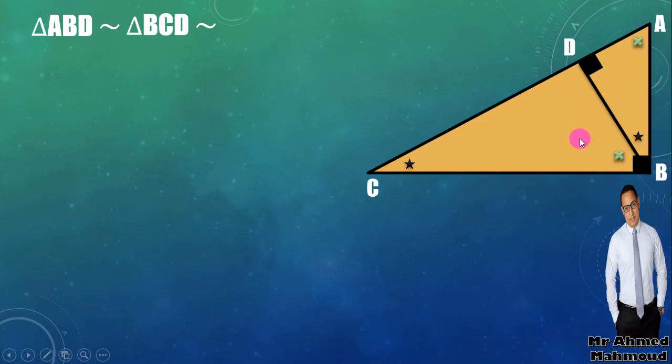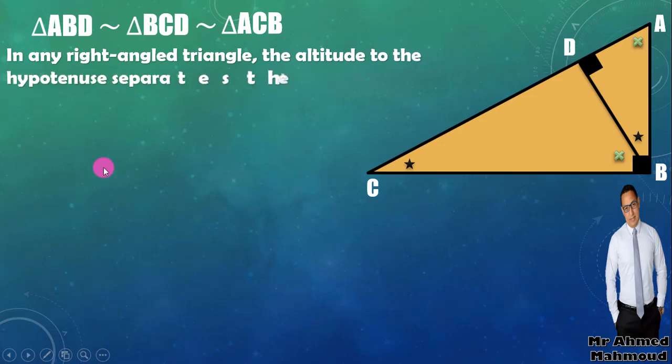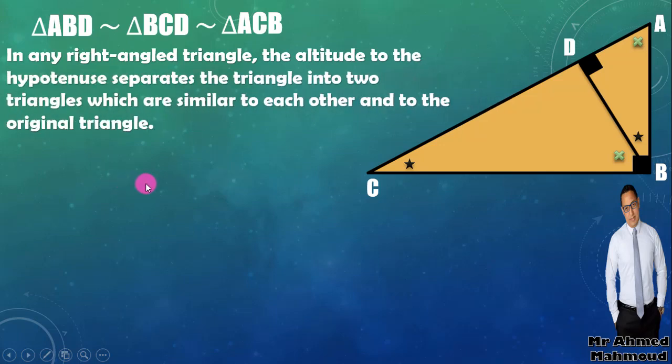Also, I will use the same sequence, X star right, ACB. So ABD is similar to BCD, similar to ACB. So the rule is, in the right angle triangle, the altitude divides it into triangles which are similar to each other and to the original triangle.